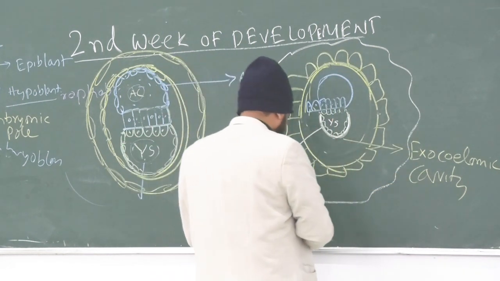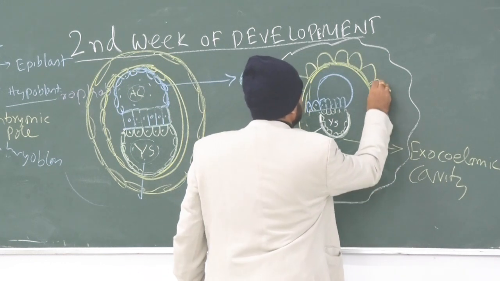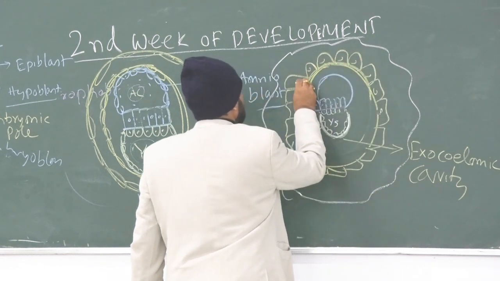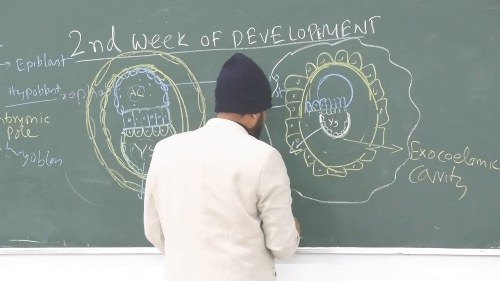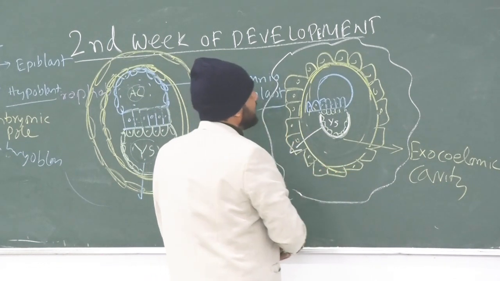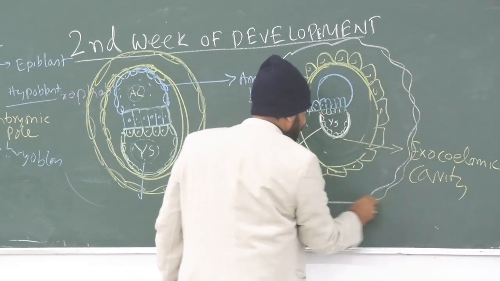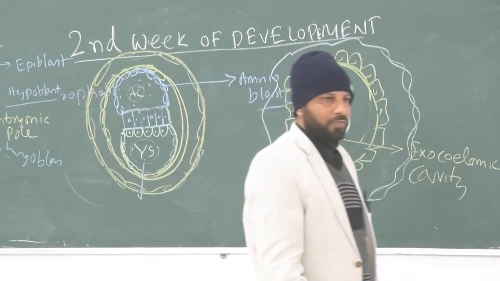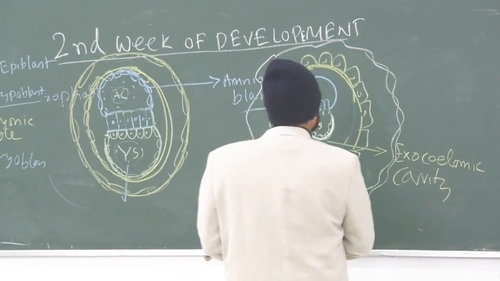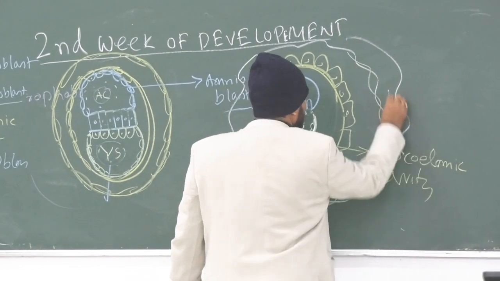Cytotrophoblast, here is the cytotrophoblast, inner layer of the trophoblast, and this is the syncytiotrophoblast. এই syncytiotrophoblast কোথায় থাকবে? এর বাইরের দিকে কি থাকবে? এর বাইরের দিকে এগুলো কি থাকে?